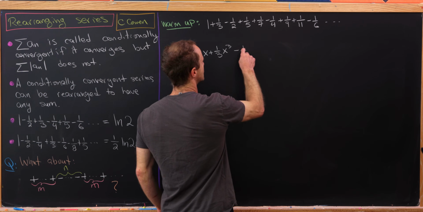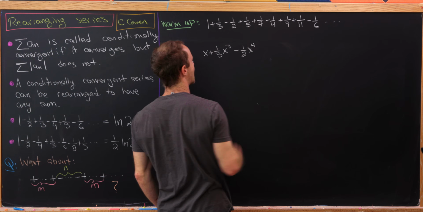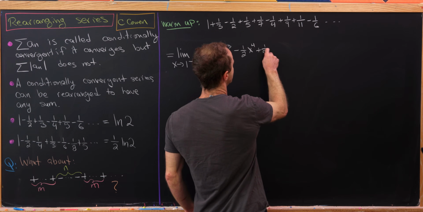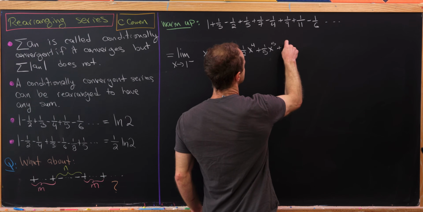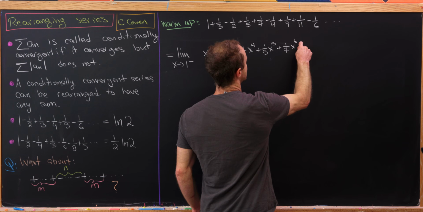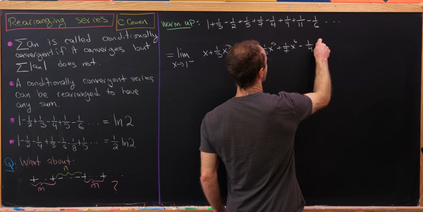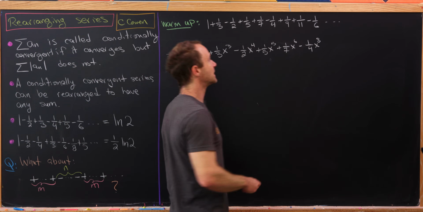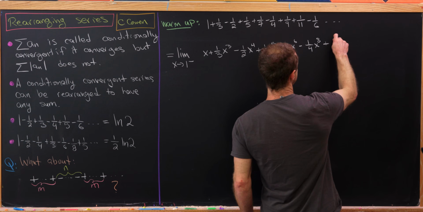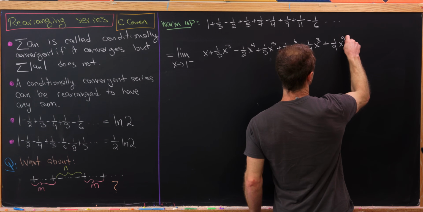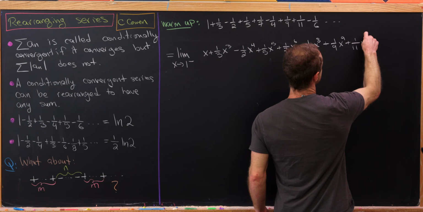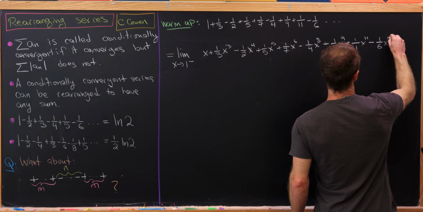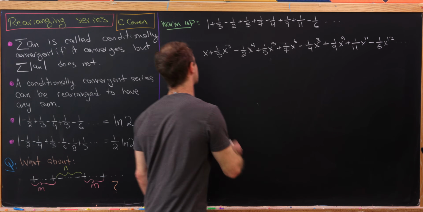So I'll put minus 1/2 x to the fourth, and now they're in increasing order. And then I'll have plus 1/5 x to the fifth, plus 1/7 x to the seventh, minus 1/4 x to the eighth, because I need that in increasing order, and then so on and so forth. So a 9th x to the 9, an 11th x to the 11, and then finally minus 1/6 x to the 12th, and so on and so forth.